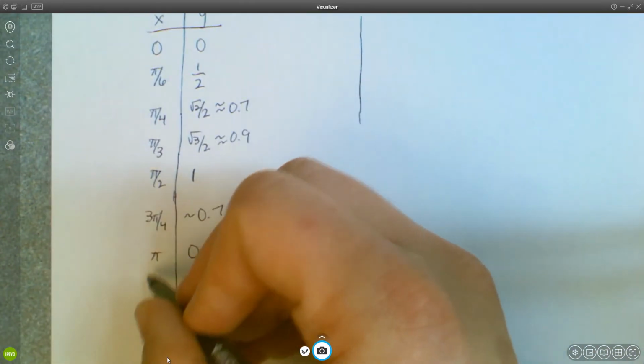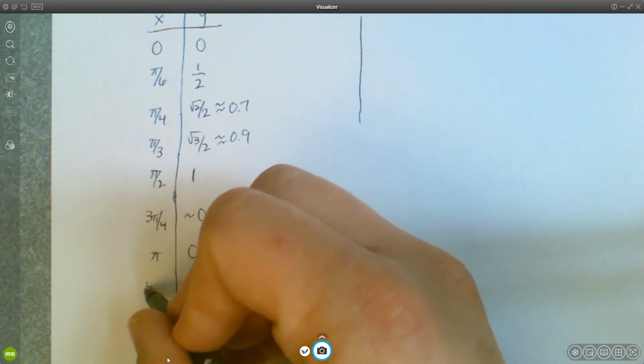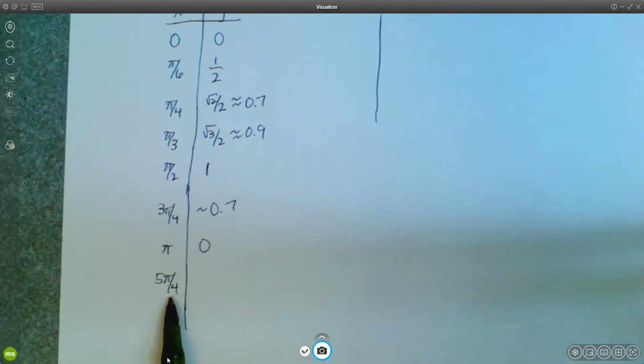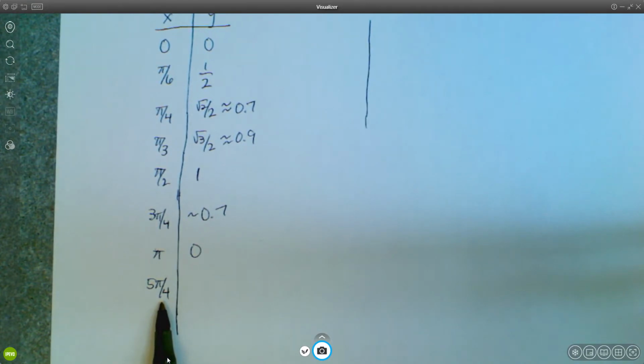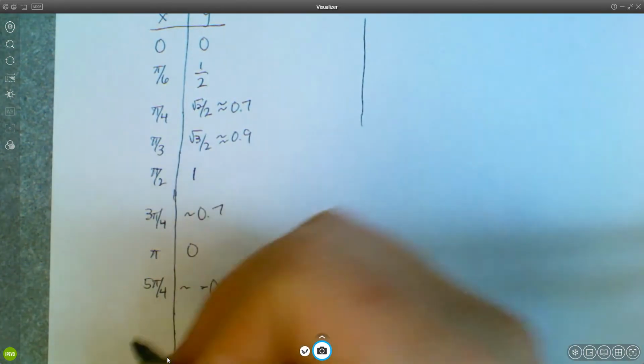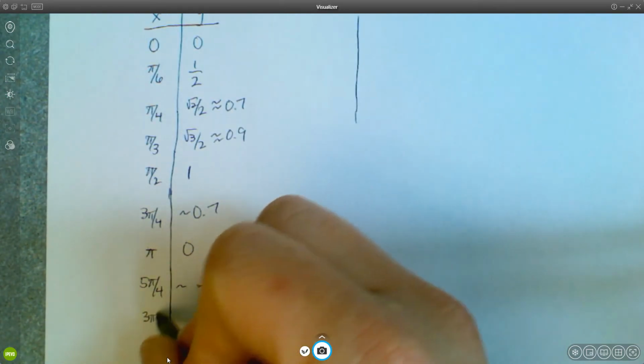After that, pi is 4 pi over 4, so then we would make it to 5 pi over 4. That puts us in quadrant 3 though. Sine is negative there, so it's going to be the same value as 3 pi over 4, but negative. So this is about negative 0.7. Then we make it to 3 pi over 2.